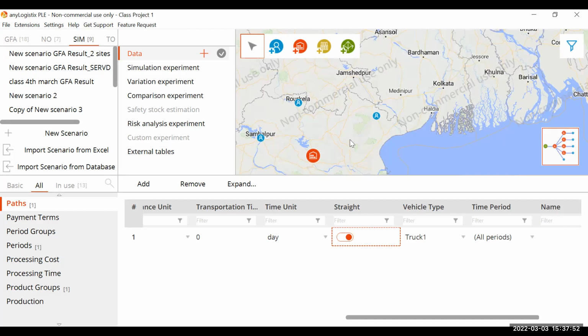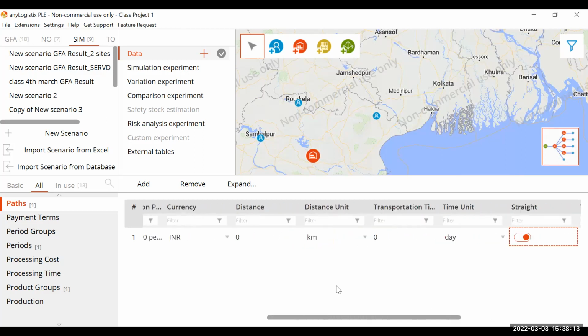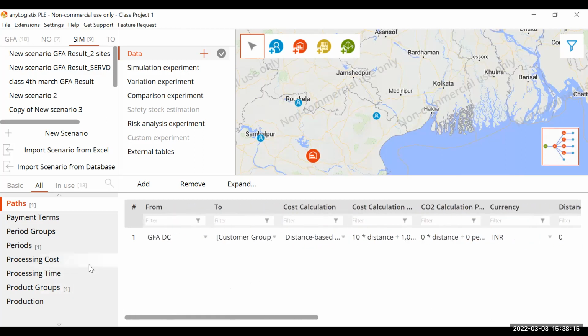A straight line is the shortest distance between two points, so the curved route will be much longer than the straight line distance. But unfortunately we do not have that option. We have to go only by the straight line distance. Like I said, that is a limitation of this academic license.